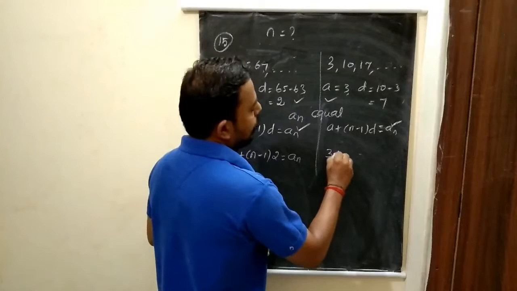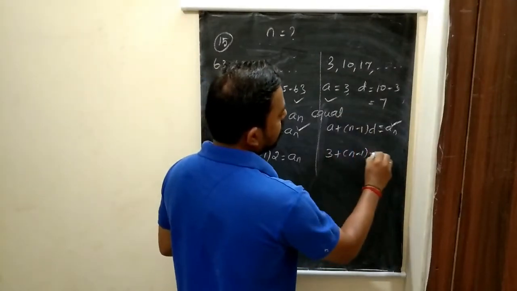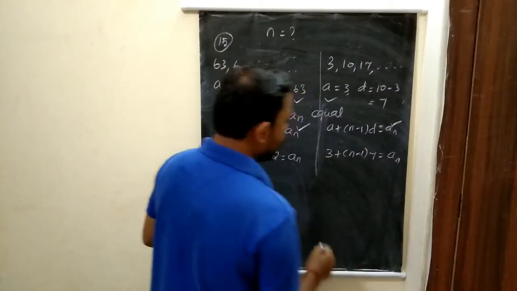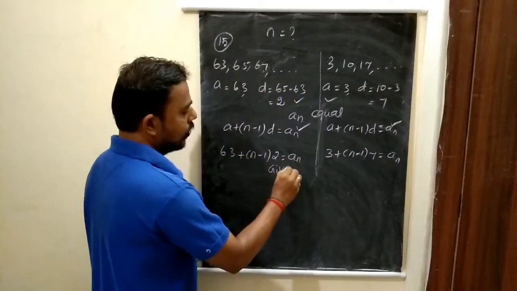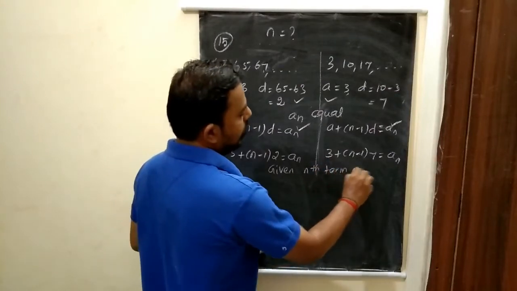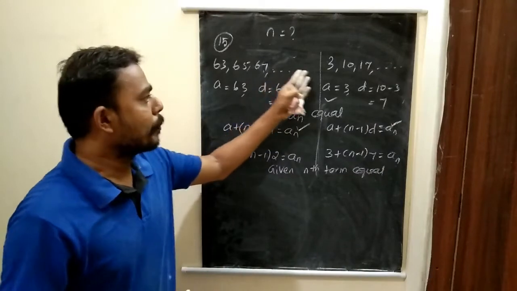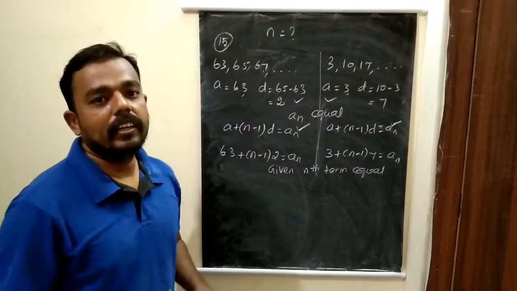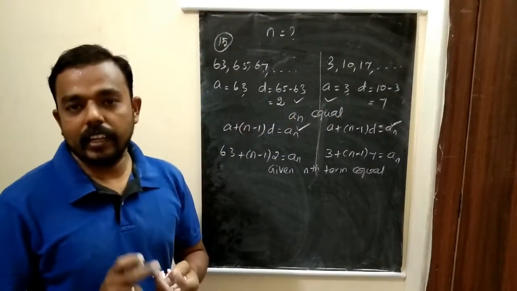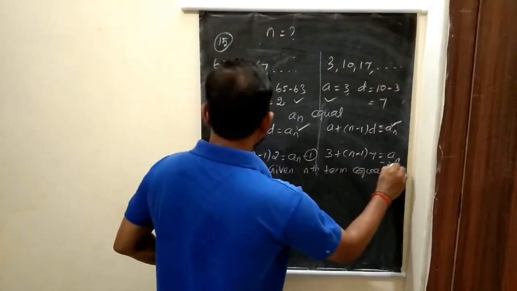Here 3 plus (n minus 1) into 7 equal to an. Consider this as the first equation, this as the second equation.